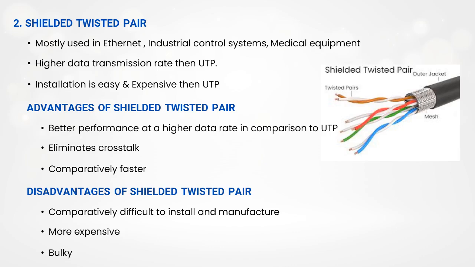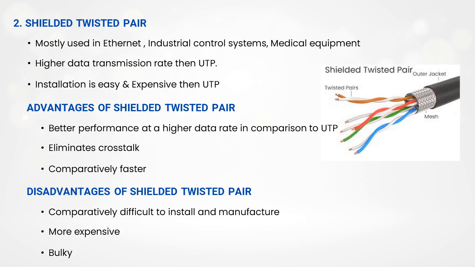It is mostly used in Ethernet networks, industrial control systems and medical equipment. It offers a higher data transmission rate compared to unshielded twisted pair. Installation is still fairly easy but more expensive than unshielded twisted pair.